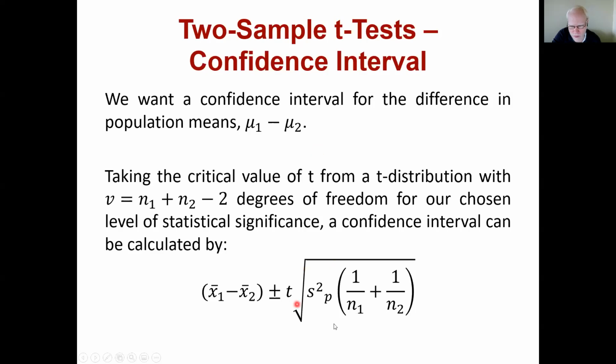Now imagine all of this added up to 4. So we would take a difference of 3 plus 4, which is equal to 7, and 3 minus 4, which is equal to minus 1. So we'd be 95% sure that the difference between the population means is from minus 1 to 7. In this case, we can't be confident.